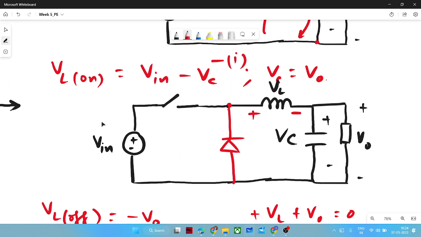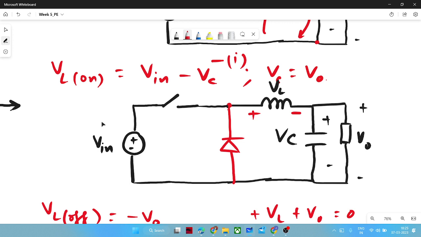In that way, VL is equal to V naught, not minus V naught. Yes, VL equals V naught, but the reference we have taken is left side positive. As Sanjay Patil sir said, left side is positive, right side is negative.